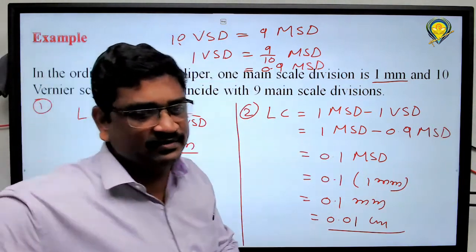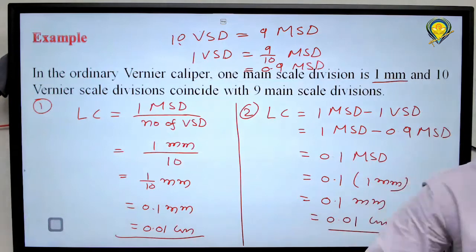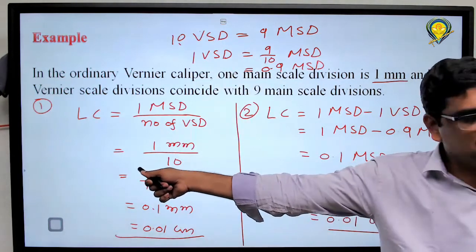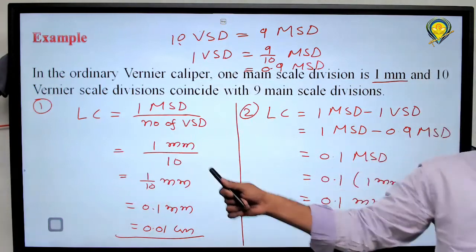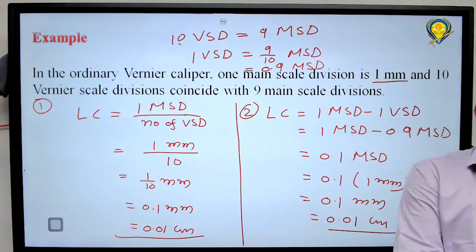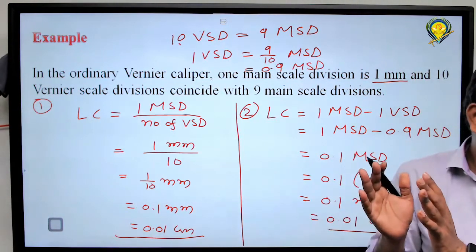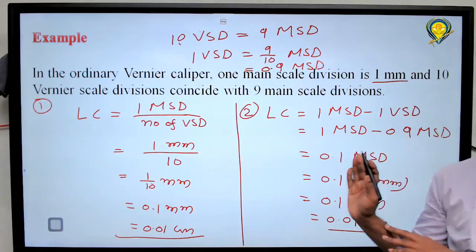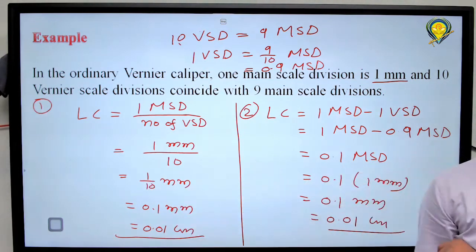Is this clear or not? So if 10 vernier scale divisions coincide with 9 main scale divisions, then directly use the first method. Otherwise, for example, 10 vernier scale divisions coincide with 8 main scale divisions only, then you need to follow this one. Don't use the first one in that case.